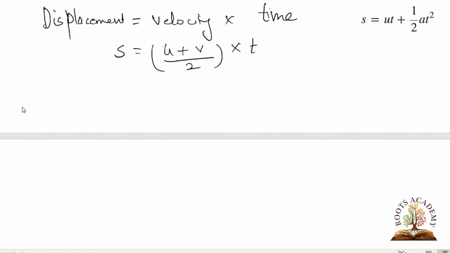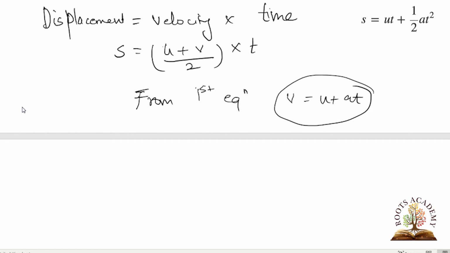So now from the first kinematic equation, we know v = u + at. Okay, so we are going to substitute this value of v over here as u + at.